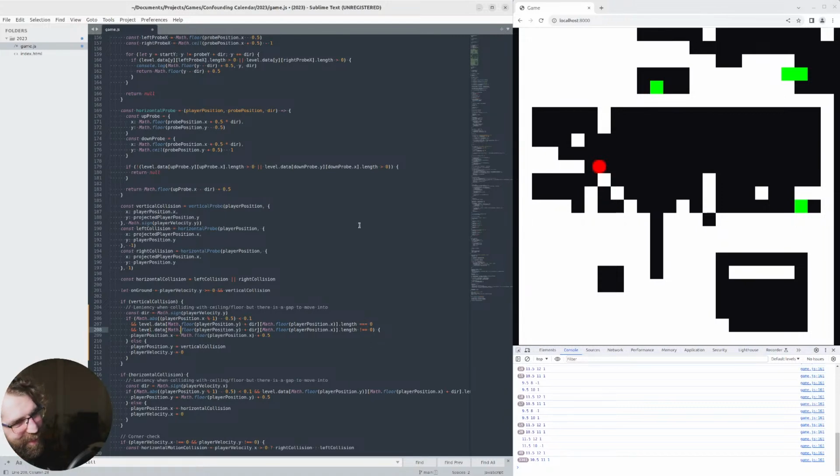I've got so many things here that I'm gonna have to clean up later, because this won't always be correct once I've got more objects in the game. Whatever. But this could be a function. I could just make this function like has object or has solid objects. I'll do that later.